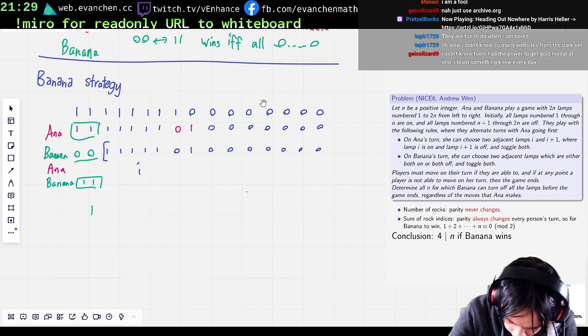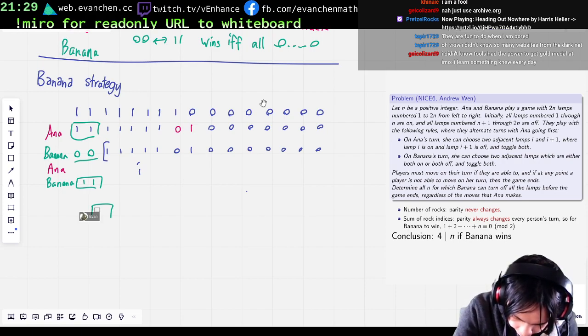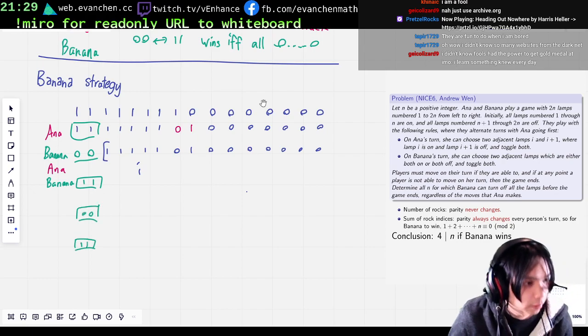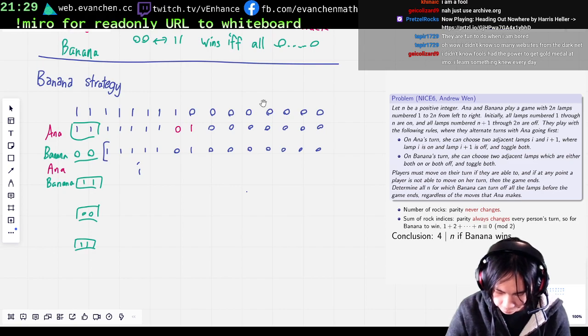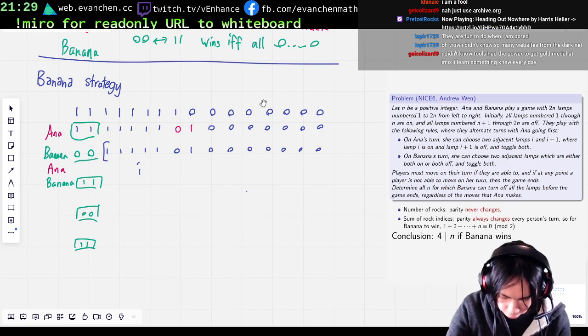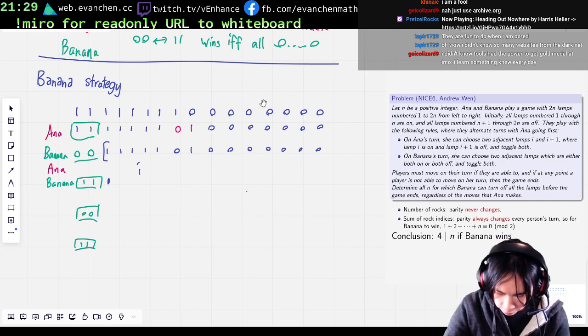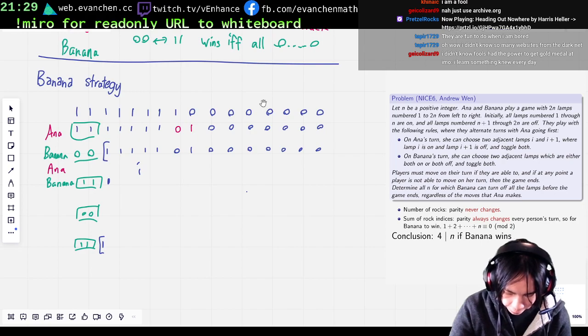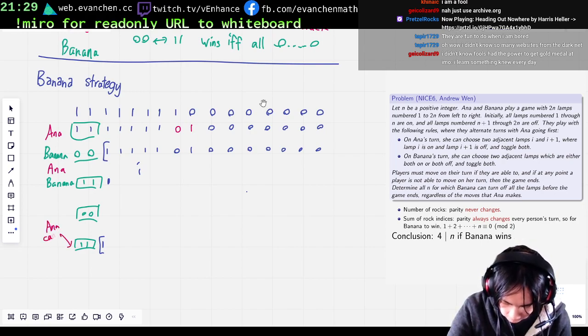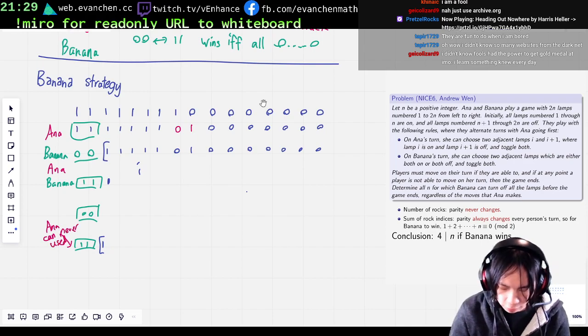So on each of Banana's turns, there's this stuff at the end that's just kind of switching on and off, like that. Because she always inserts new rocks just to the left of the leftmost one, Anna can never use these because they're blocked. So from Anna's perspective, these two ones that we keep putting on and off don't change.